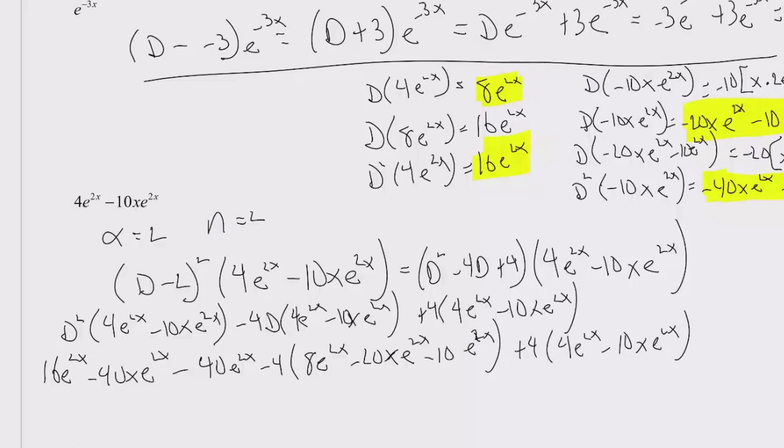If we did this right, stuff should cancel out. I'm looking at the 16e to the 2x, I got a 32, and I got another 16, so those all cancel out. Let's look for my x e to the 2x terms.